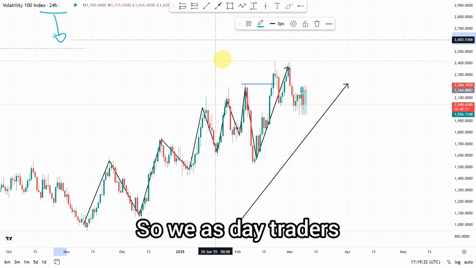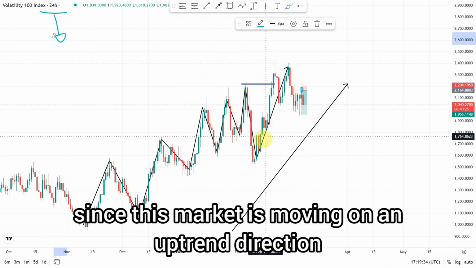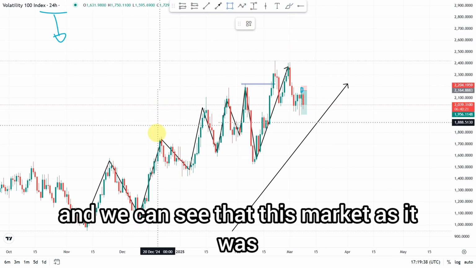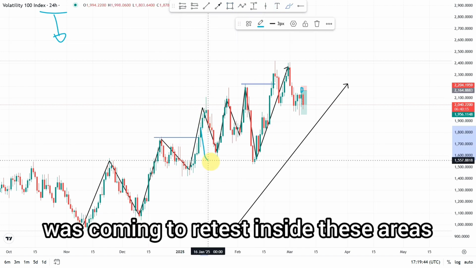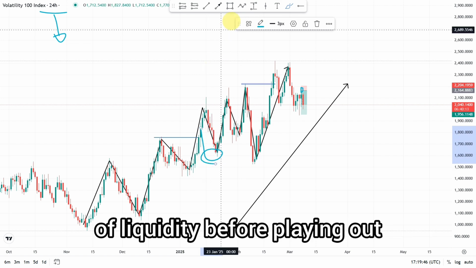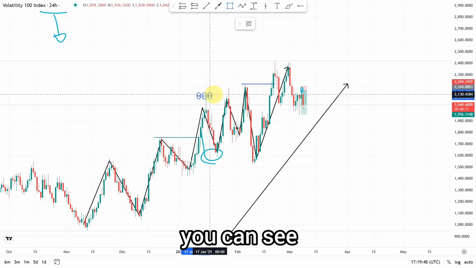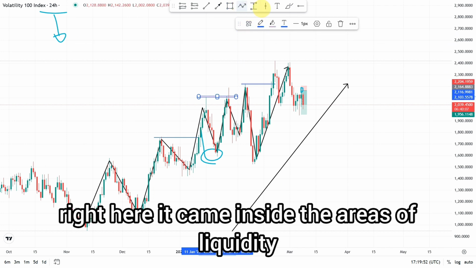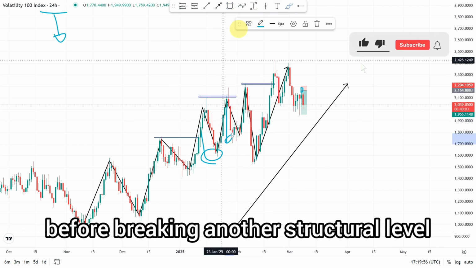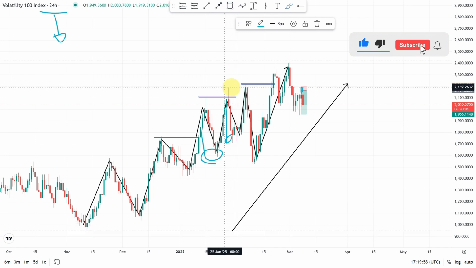So we as day traders, since this market is moving in an uptrend direction, can see that as it was breaking the structural levels, the market was coming to retest inside these areas of liquidity before playing out. You can see right here, after the market broke this structure, it came inside the areas of liquidity before breaking another structural level right here.